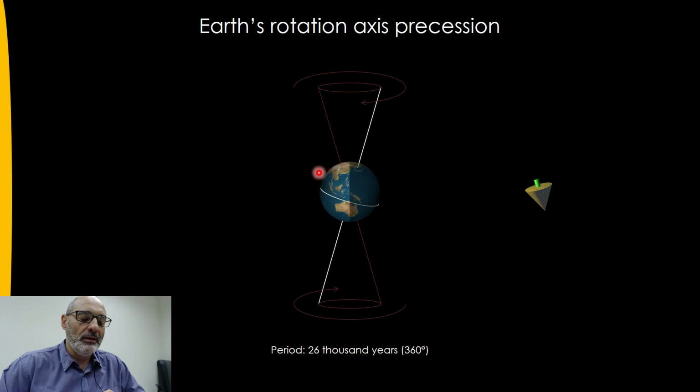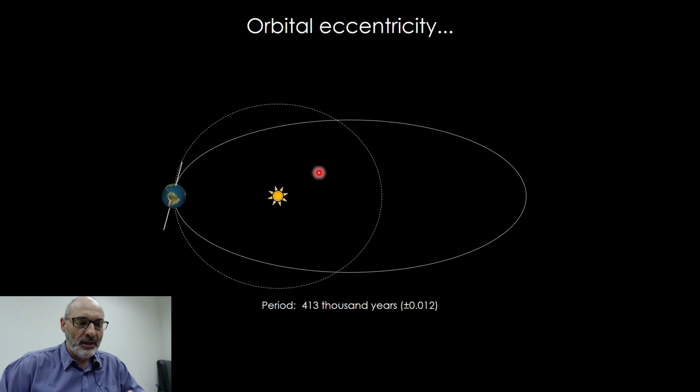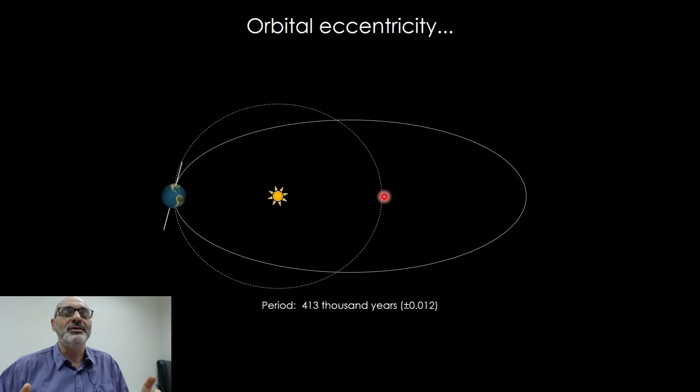I mentioned that this has to do with the amount of energy that arrives on the top of our atmosphere, because, for instance, if you have this more eccentric orbital movement, you get far less solar energy than in this situation here.